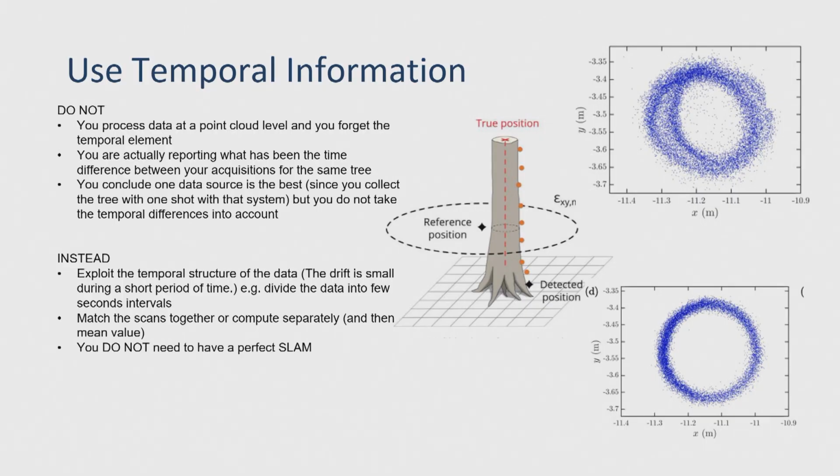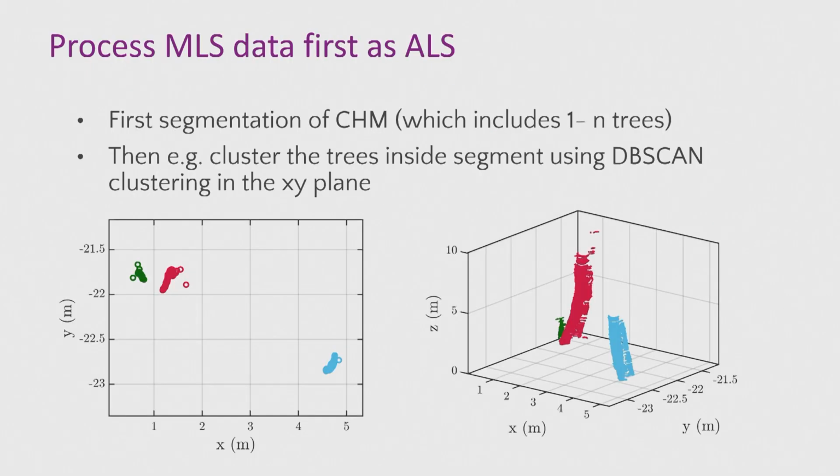So what we did was split the data into time intervals, like 1 second intervals, and then merge them together. It's like a post-SLAM algorithm. We could do it because we didn't need to do it in real time or near real time. Then we get the lower image, and it improved the results, of course.